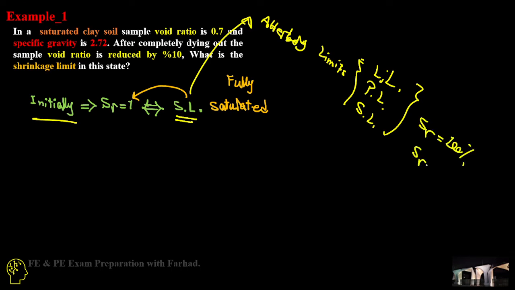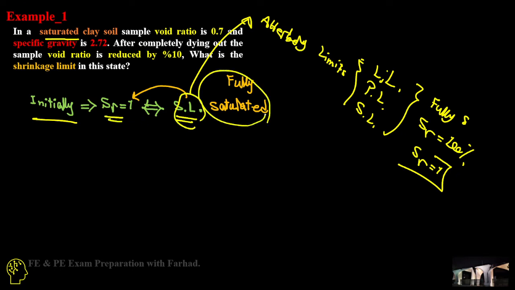So SR is 1. They are all for fully saturated soil. Our sample is fully saturated, so SR is 1.